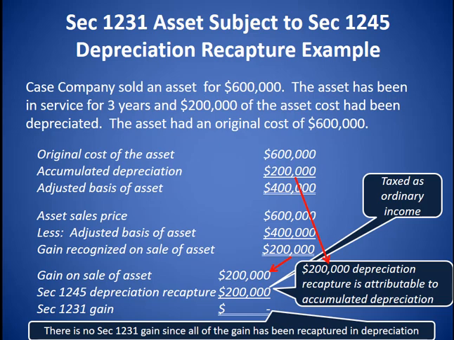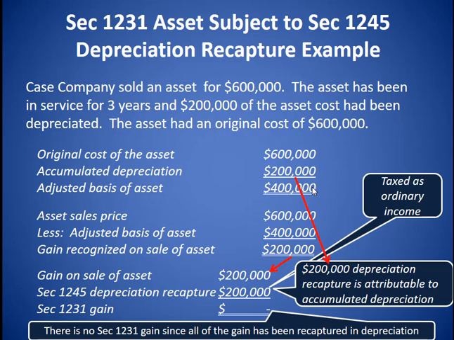The asset had an original cost of $600,000, and we have depreciated $200,000, so the accumulated depreciation is $200,000. Therefore, the adjusted basis of the asset is $400,000.